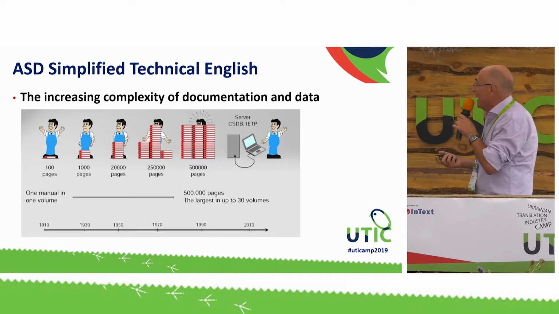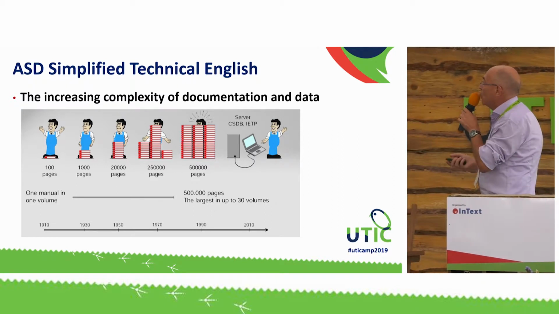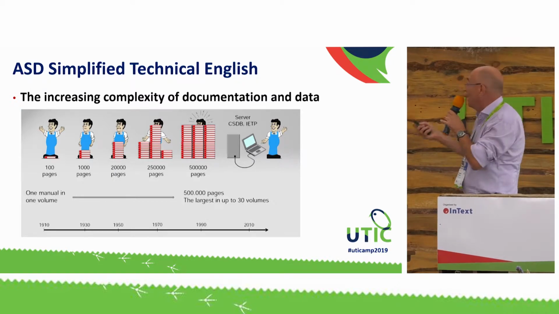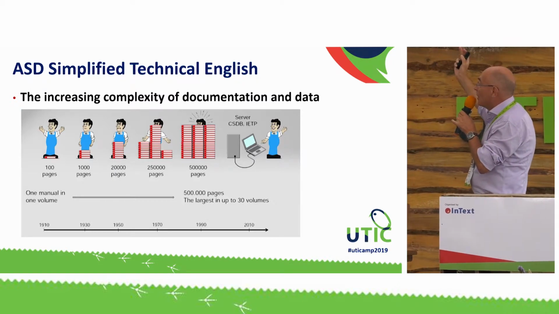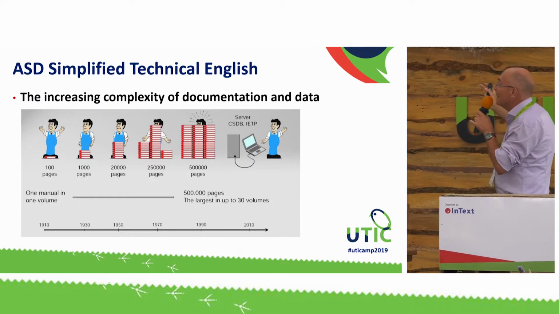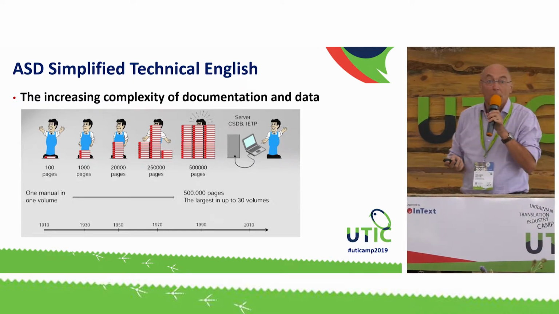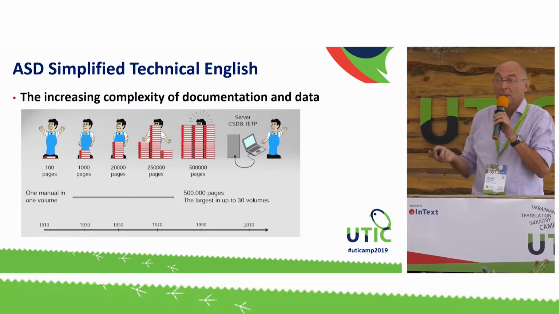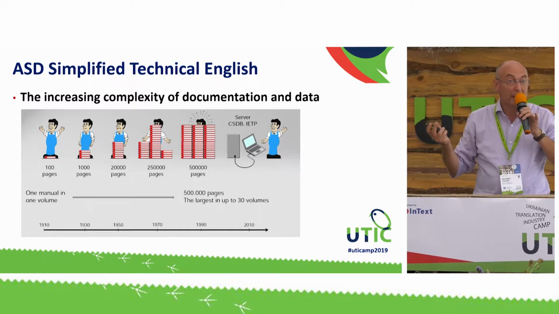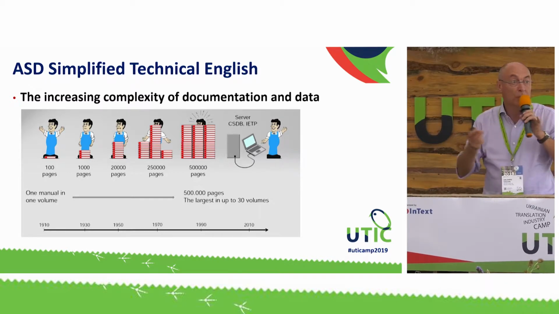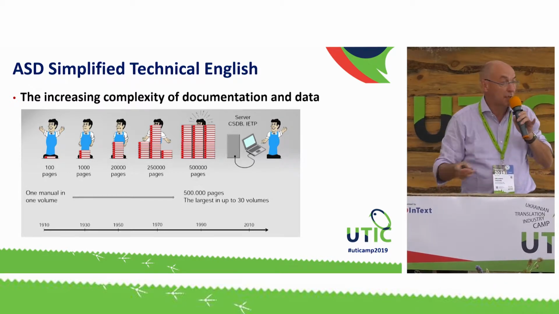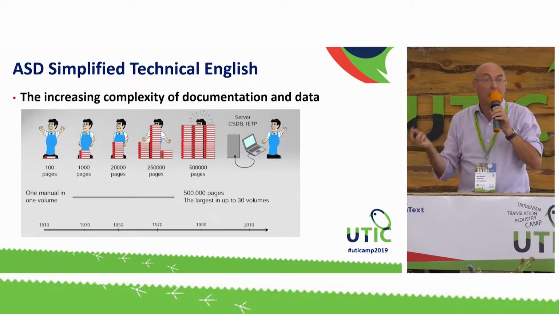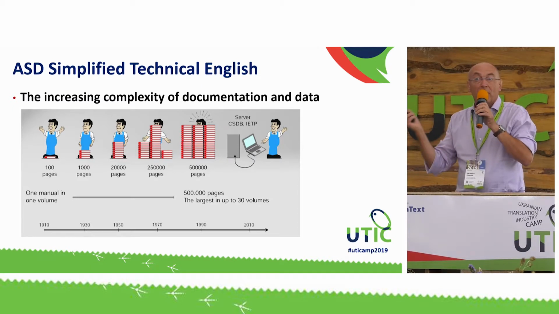Now we are talking about a paperless environment in which we have common source databases and interactive electronic technical publications. The airplane manuals are no more paper. Everything is online. It is also available to the crew, to the pilots, and to all the maintenance personnel located everywhere in the world.